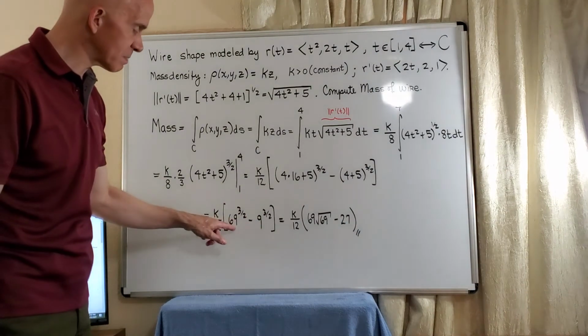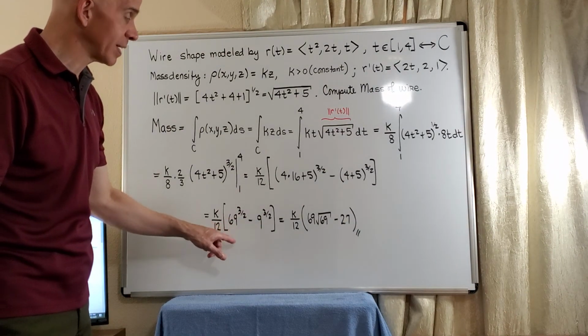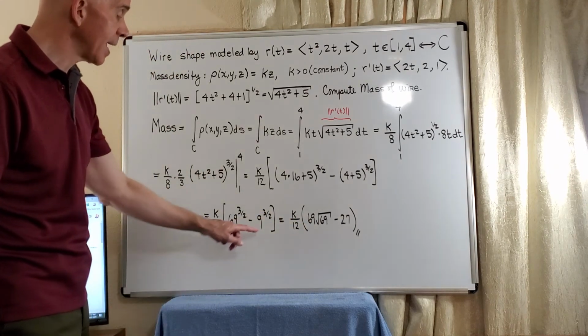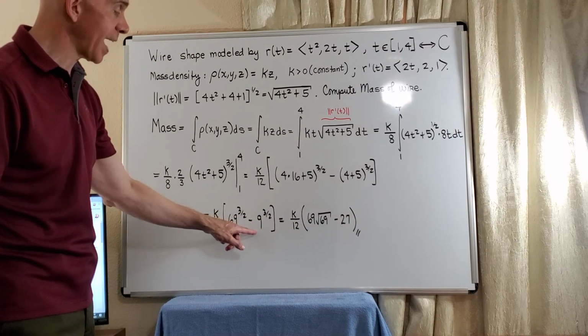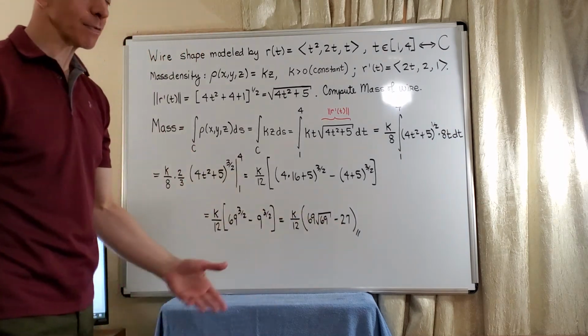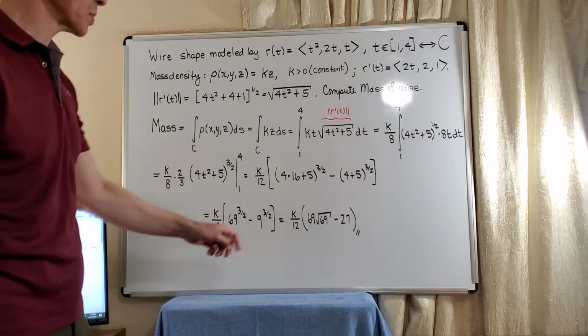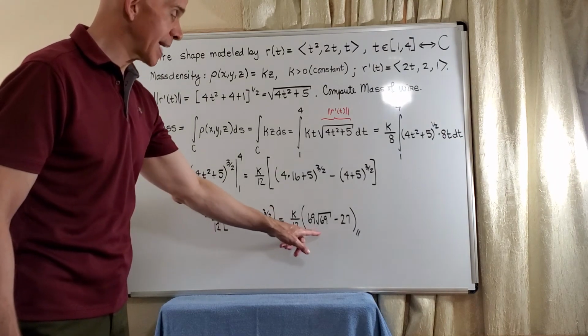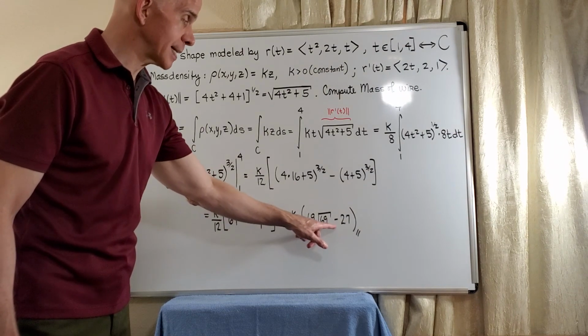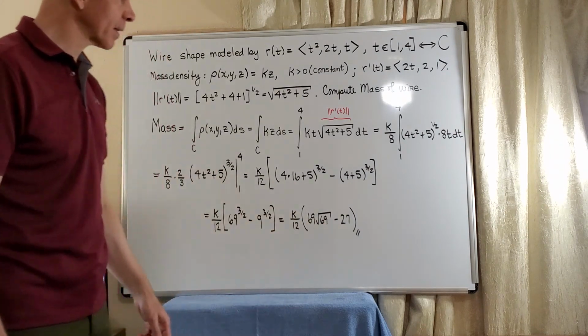Well, this one's not a very nice number. We can just write it as 69 times the square root of 69. And then, of course, the square root of 9 is 3, and 3 cubed is 27. So the mass of the wire, given these parameters, will be k over 12 times the quantity 69 square root 69 minus 27. And we are done.